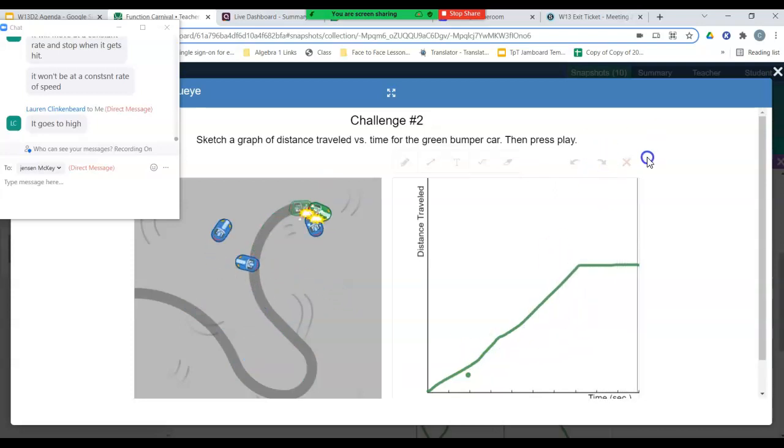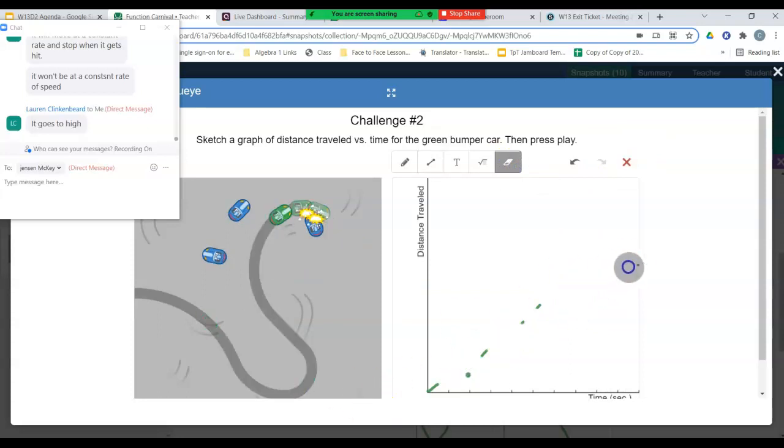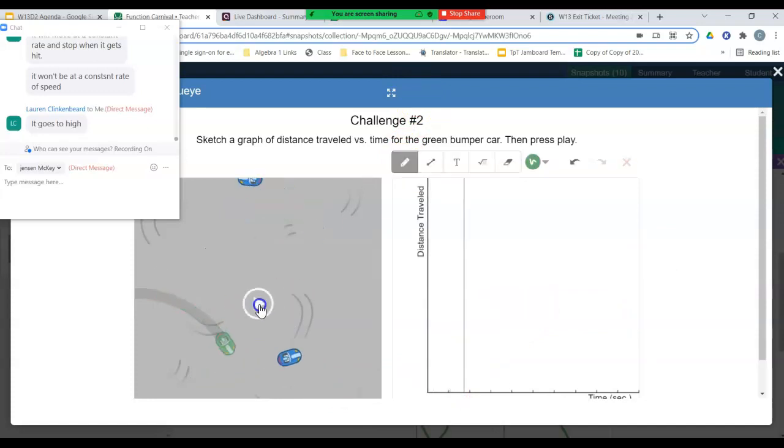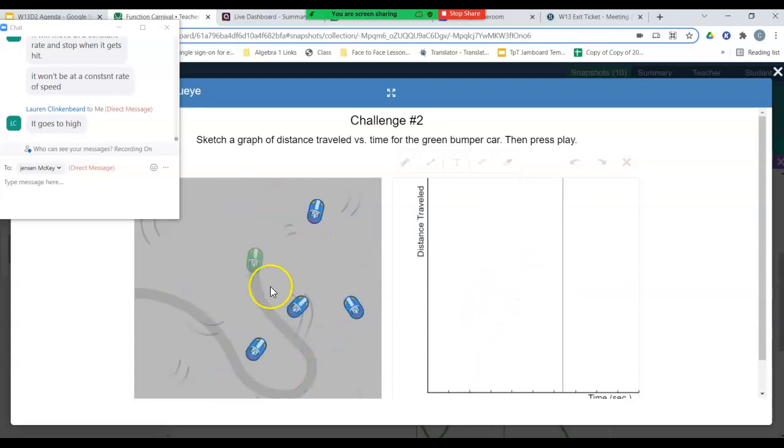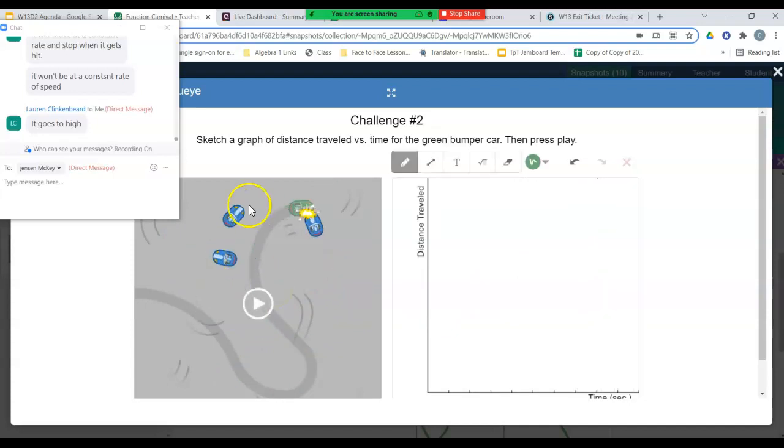Let me erase this graph and start over again so I can show you. It's kind of cheating to do it that way, but you can do it that way. I'm trying to record this at the same time, but anyway, you can pause it and put a dot where it is, and then dot, and then dot, and then connect the dots.